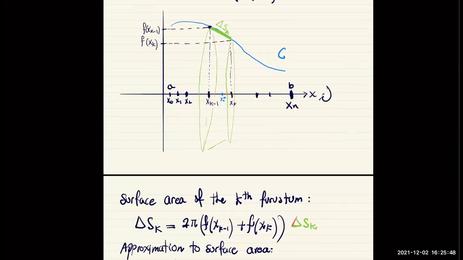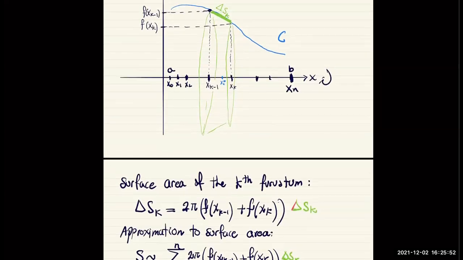Is x_k star the midpoint or just a point between those two points? It doesn't have to be the midpoint, it's up to you. You could choose it to be whatever you want. It could be any point in between.